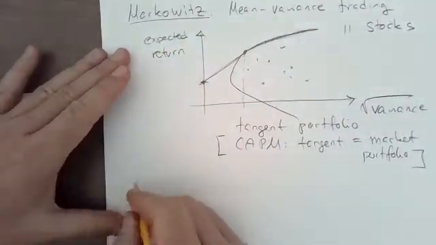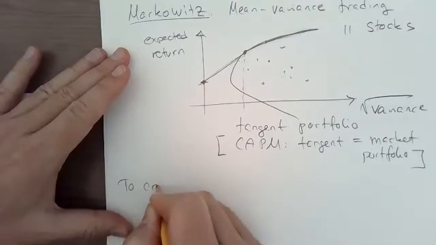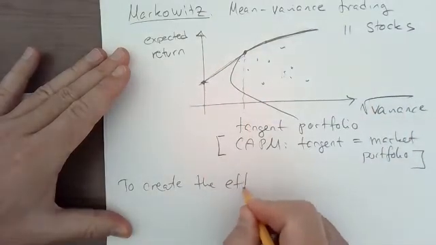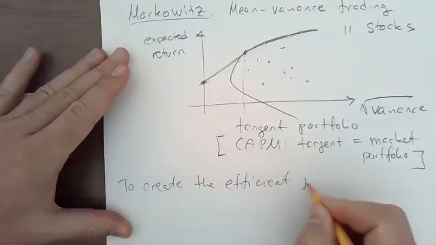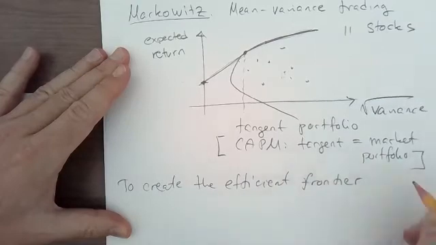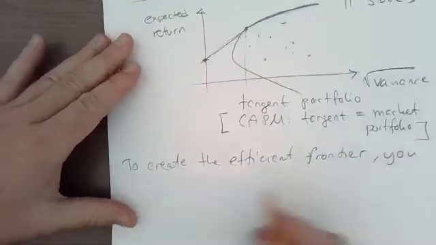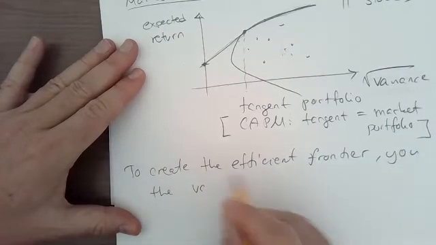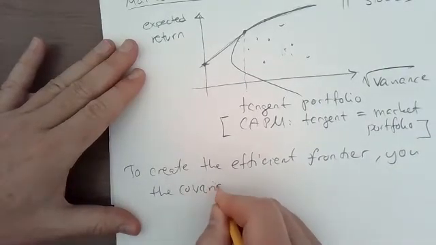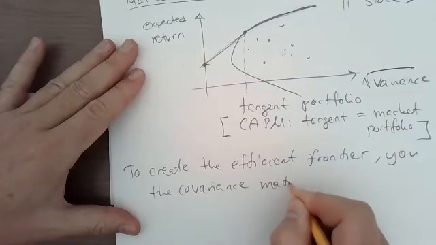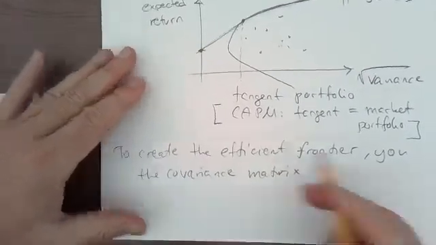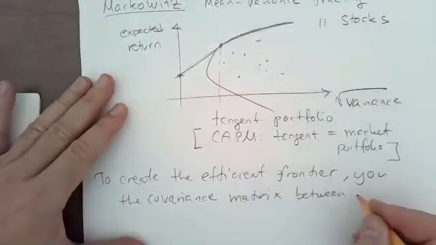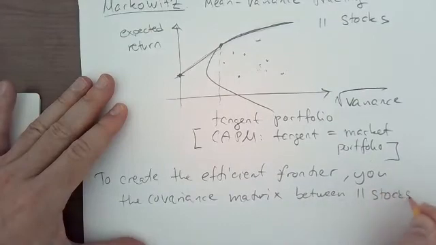So to create the efficient frontier, you need the variance-covariance matrix between all the stocks, between the 11 stocks' returns.